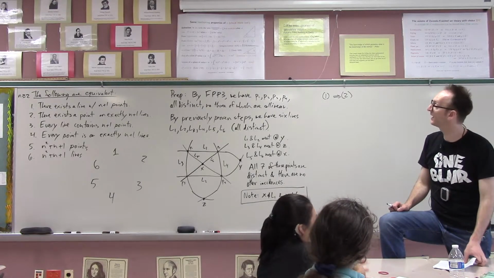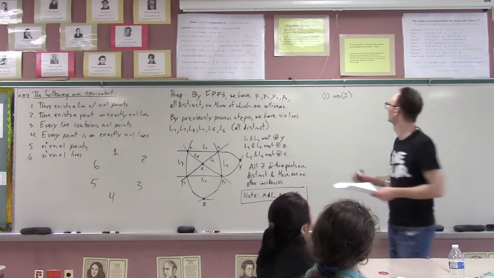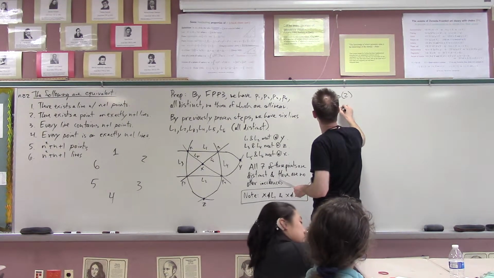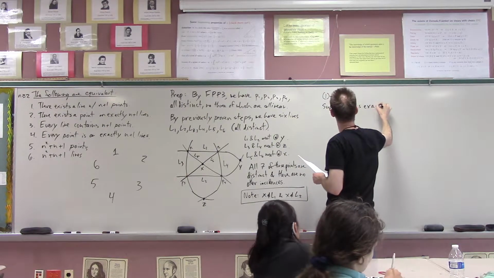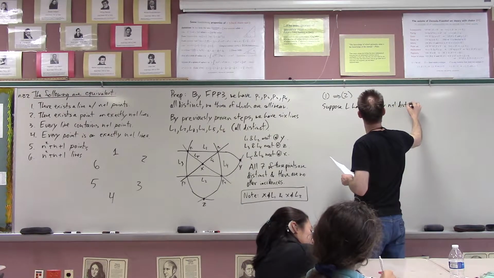Alright, so first of all, why does 1 imply 2? Well, we have a line with n plus 1 points. What would you like to call it? Yeah, great idea. So suppose L has exactly n plus 1 distinct points.